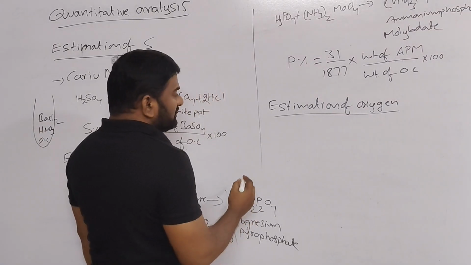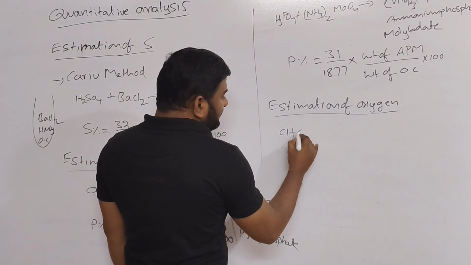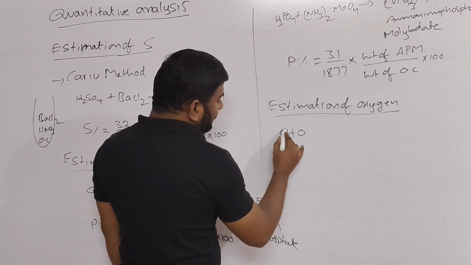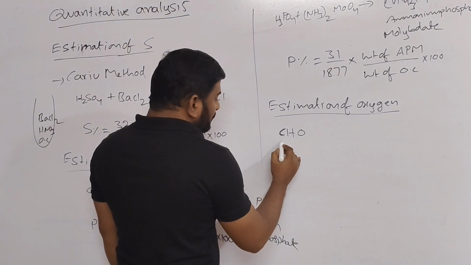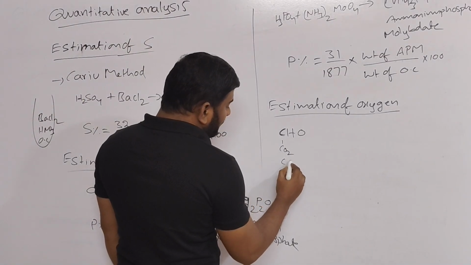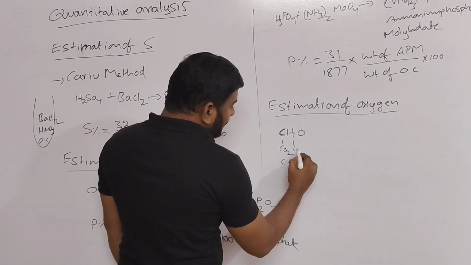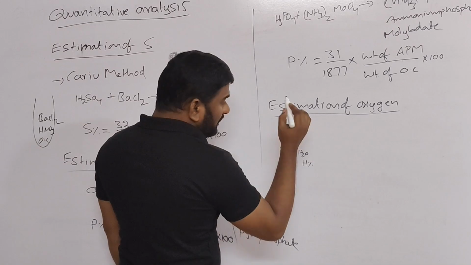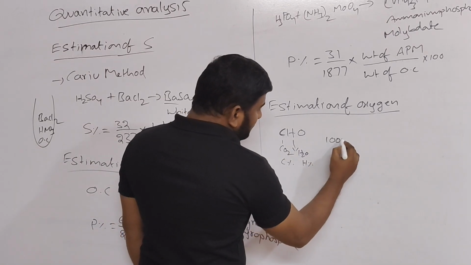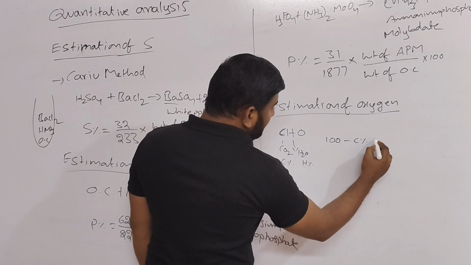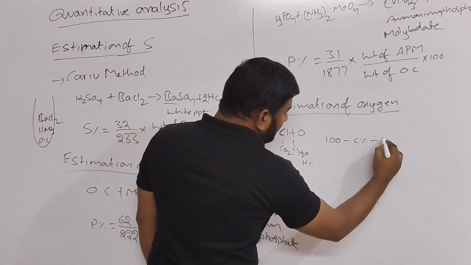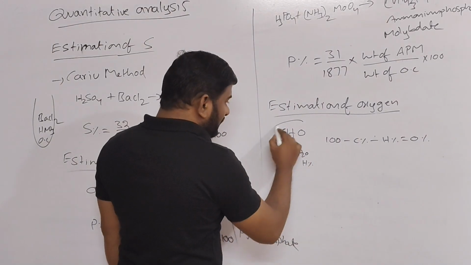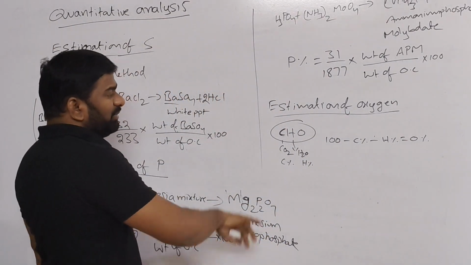The first way: if an organic compound has carbon, hydrogen and oxygen, then by knowing the CO2 weight you can calculate the carbon percentage, and by knowing the H2O weight you can calculate the hydrogen percentage. The remaining is oxygen. From 100, subtract the carbon percentage and the hydrogen percentage, and you get the oxygen percentage when the compound has only three elements.